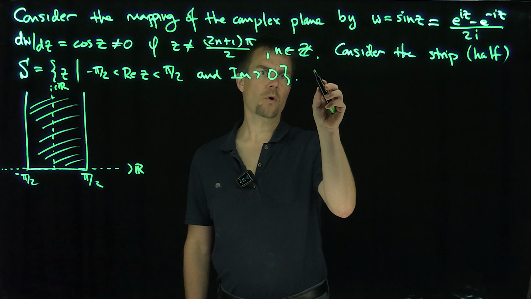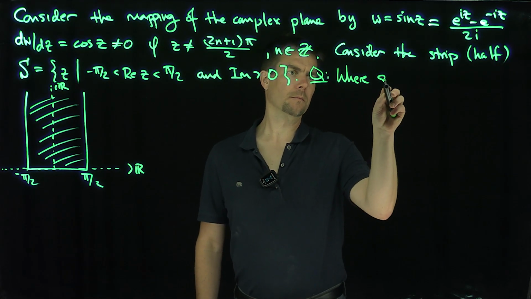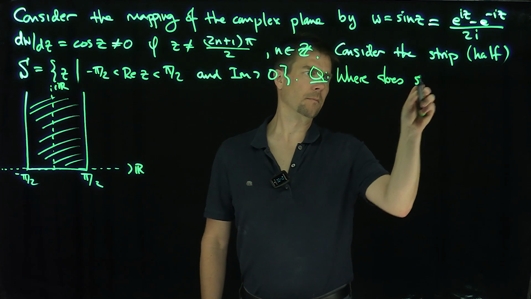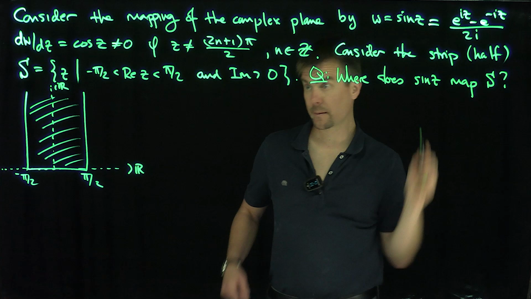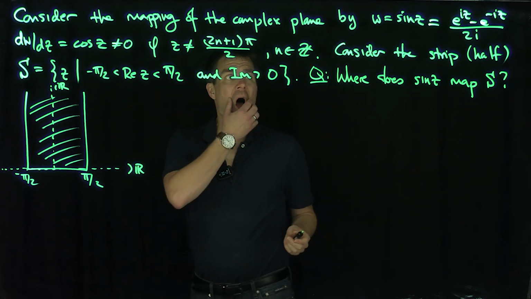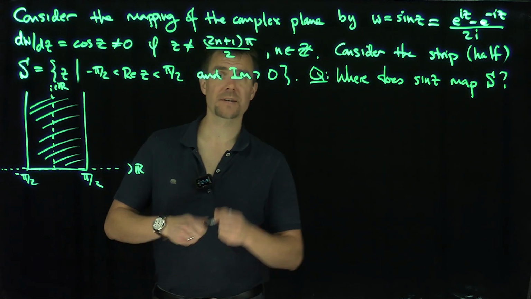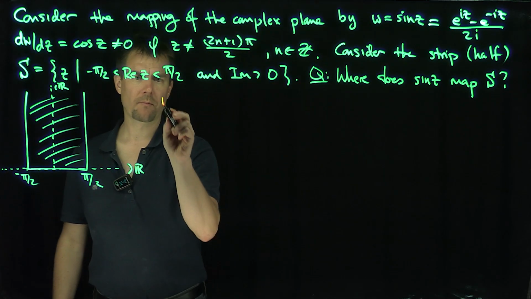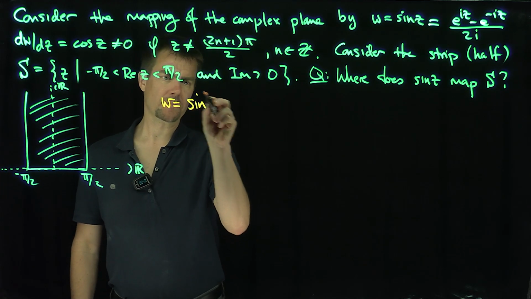So question, where does sine map S? Okay, good, let's figure it out. So here's the idea. The idea is to actually write out what sine is. So w is equal to the sine of z.